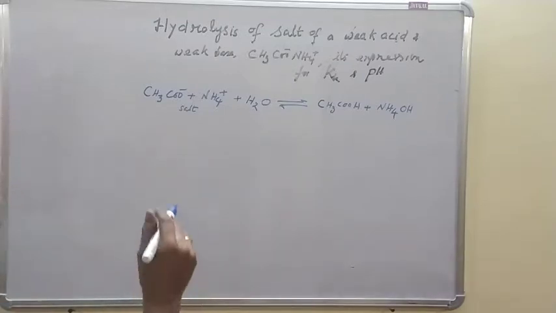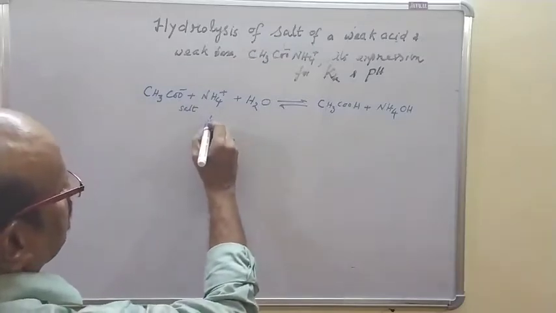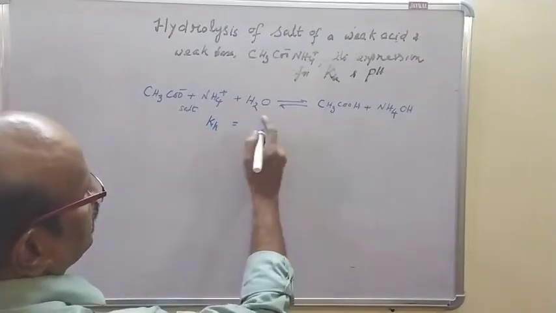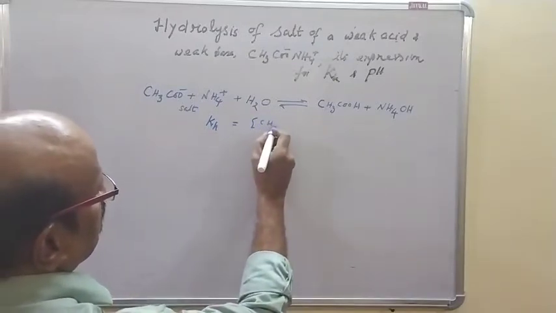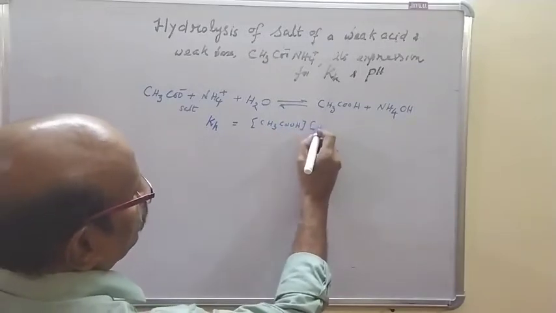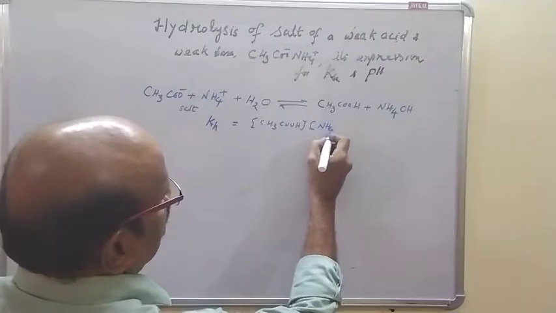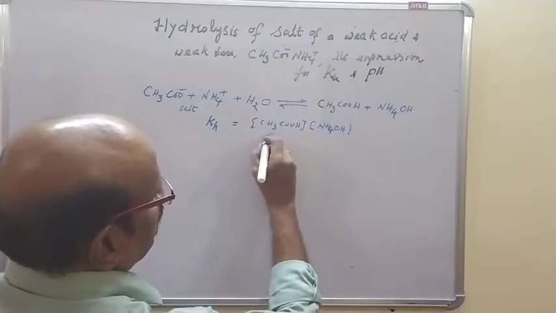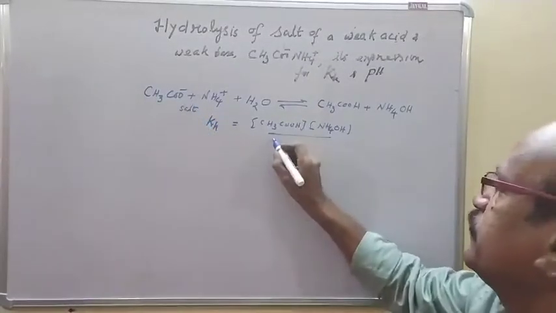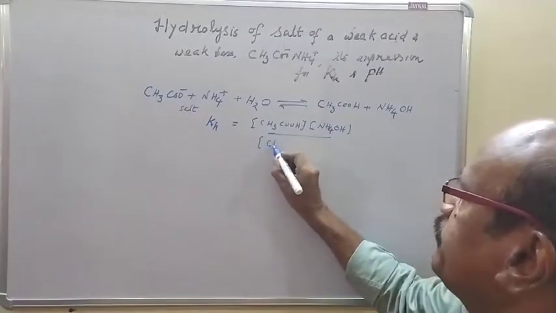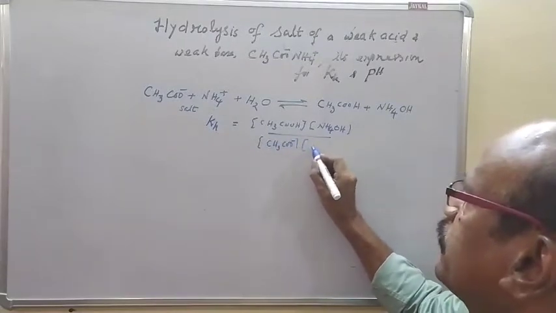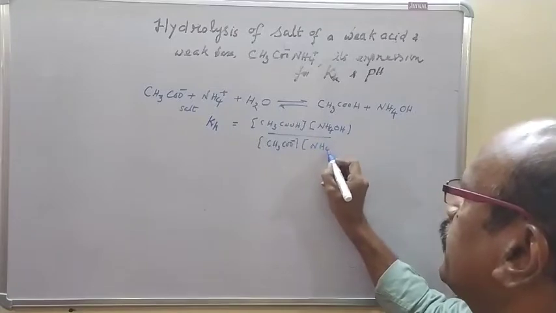And the expression for KH is equal to the concentration of acetic acid, the weak acid, at equilibrium, into the concentration of ammonium hydroxide at equilibrium, divided by the concentration of acetate ion, CH3COO minus, at equilibrium, into the concentration of ammonium ion at equilibrium.